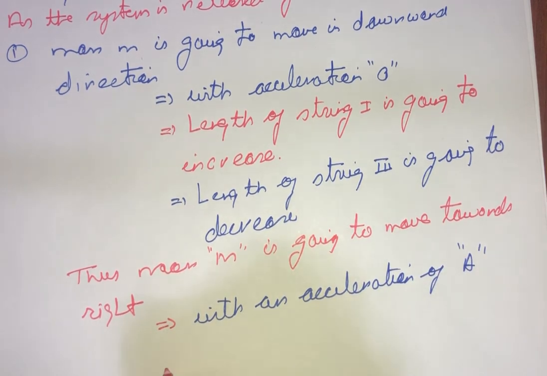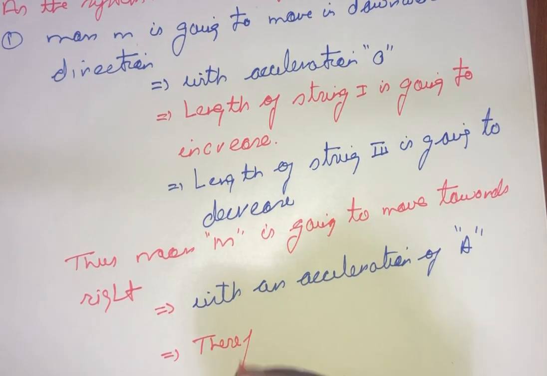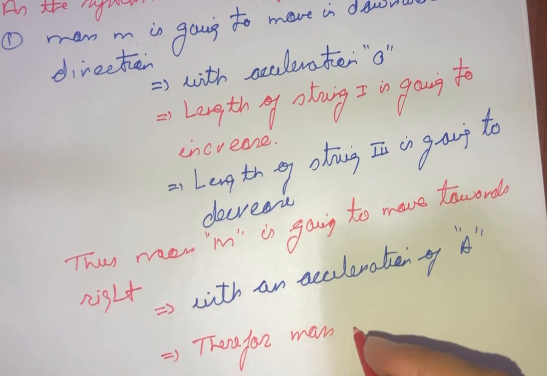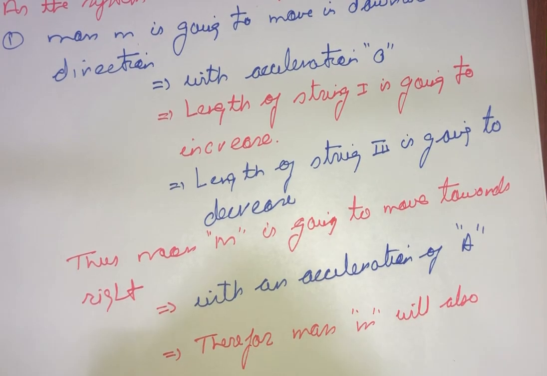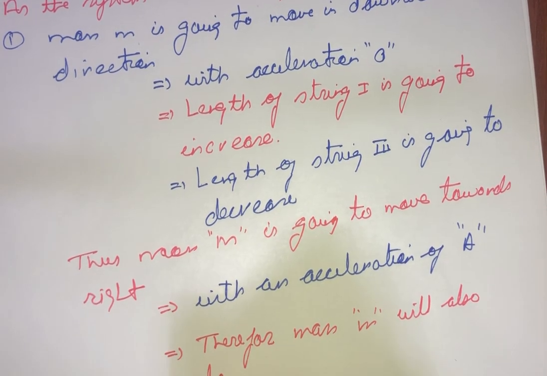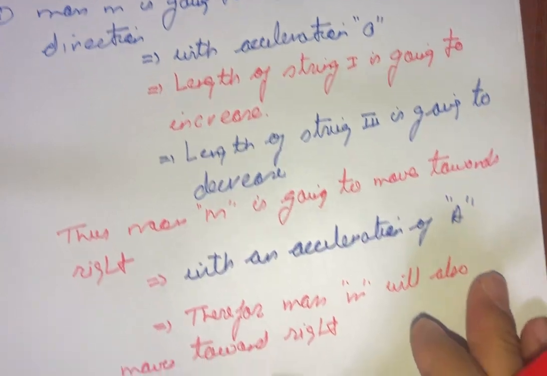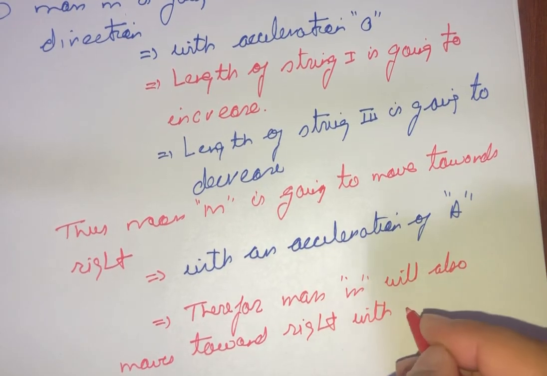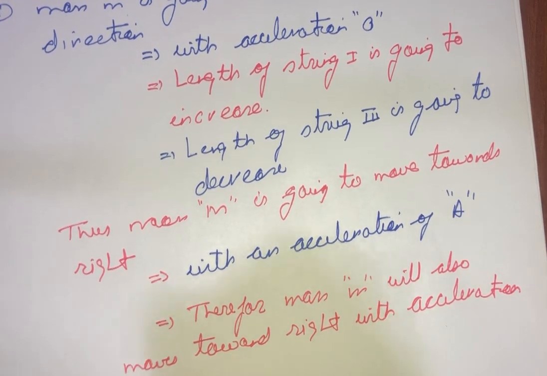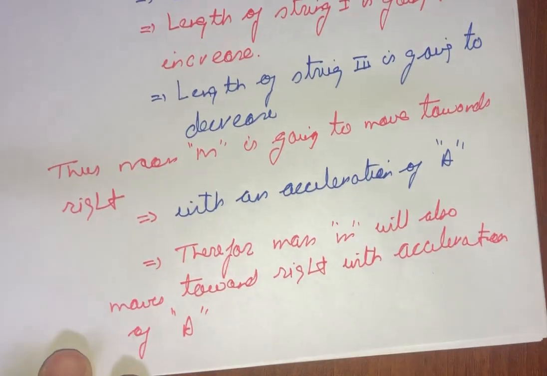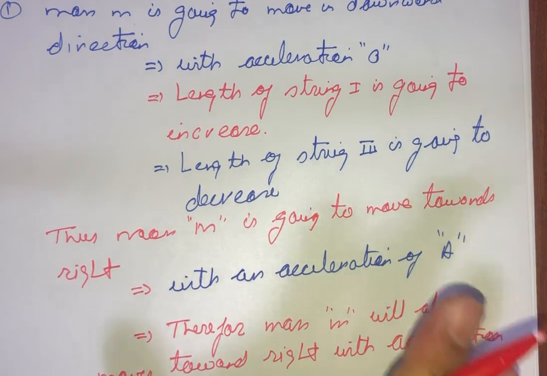Therefore mass small m will also move toward the right with acceleration capital A. So it means small m is going to have two accelerations, one in the vertical direction and another one in the horizontal direction.